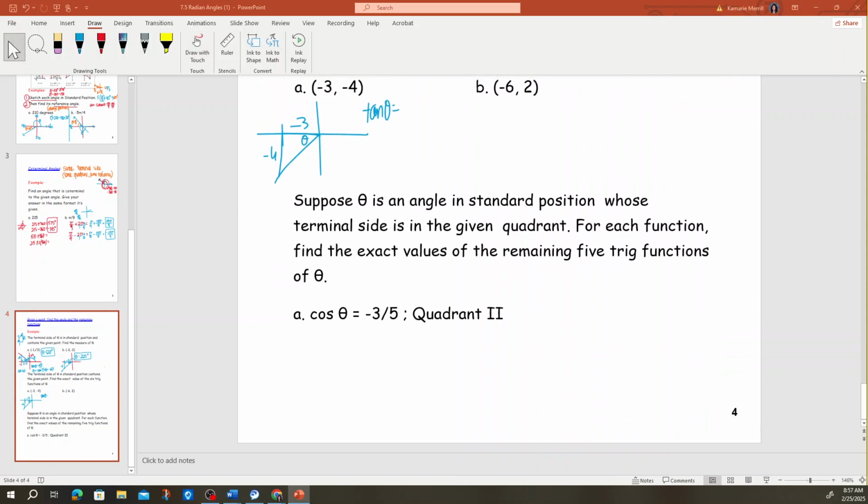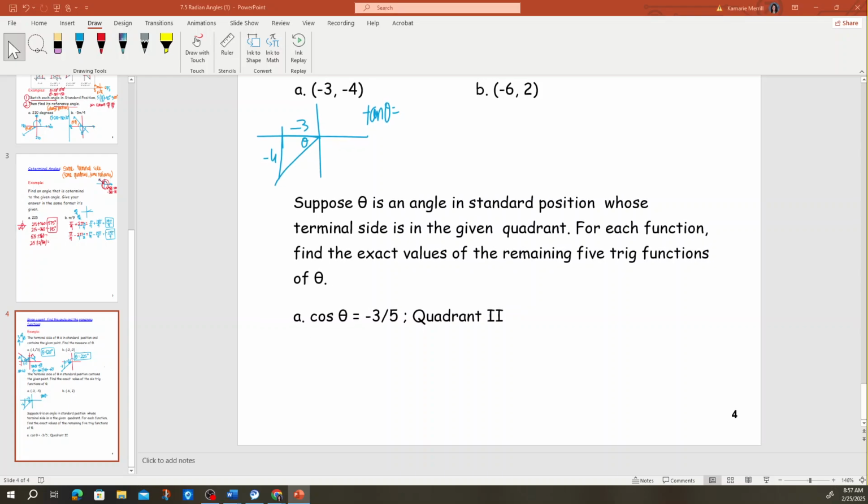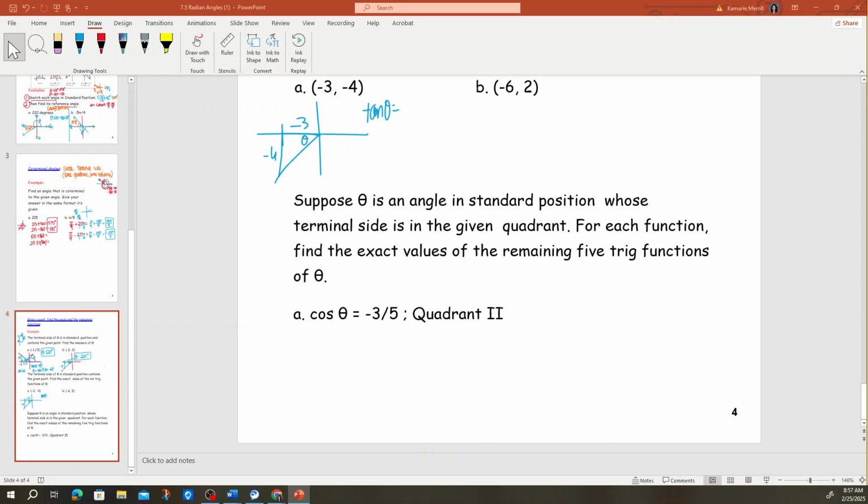So let me do the last way. What if I give you a ratio instead of an ordered pair? I tell you I want it to be in quadrant 2, and whatever theta is, I don't know, so just play dumb for a second. But you always set up your reference angle, always set up your triangle, okay?